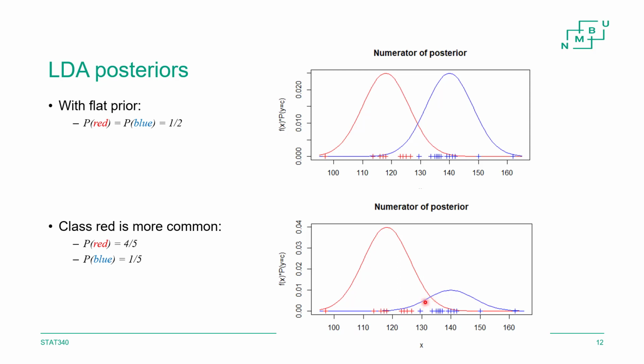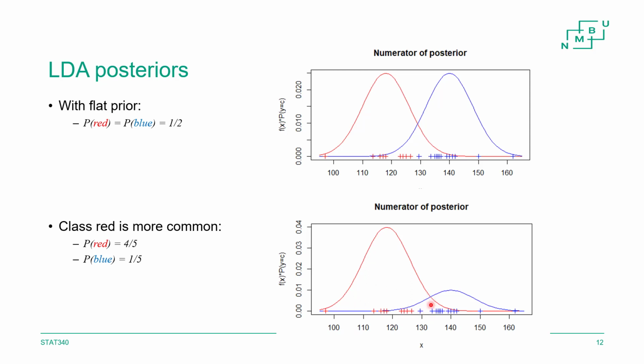And notice now how this also changes the location of the border. So up here, the border between them was below 130. But now, since we know that the red is more common than blue, the border is pushed in the direction of the blue. So the red one is a bigger class now, you could say.